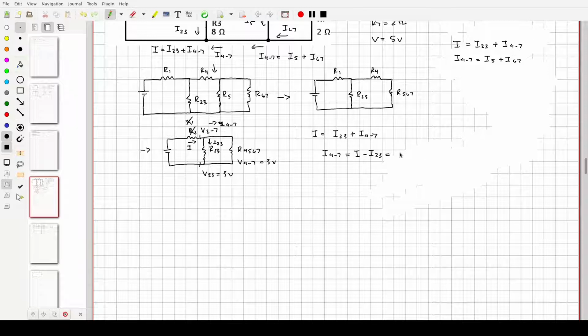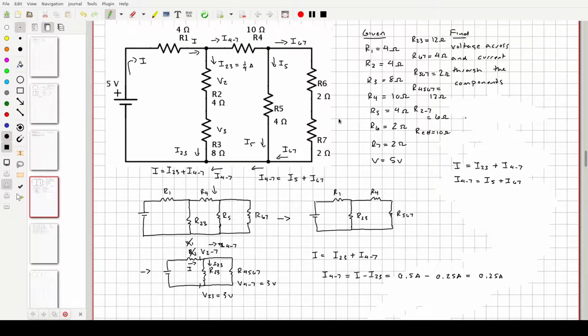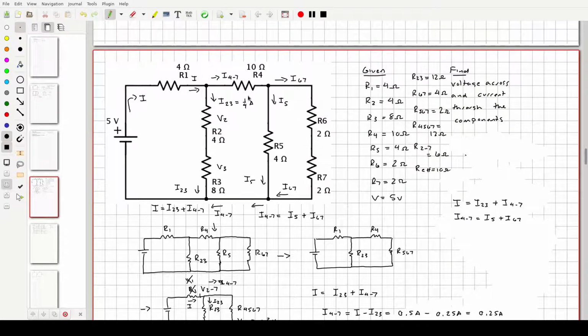Now I, remember, was half. I23 was 1/4. So 1/4 of an amp. So what we know here now is that I4 through 7 is going to be 1/4 of an amp here as well. Okay, 1/4 of an amp.